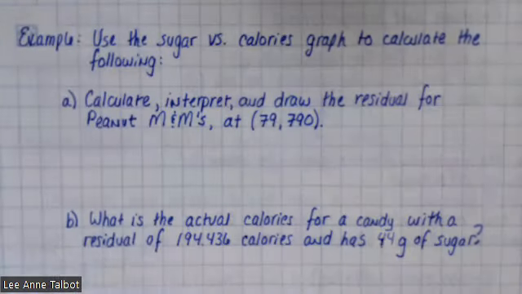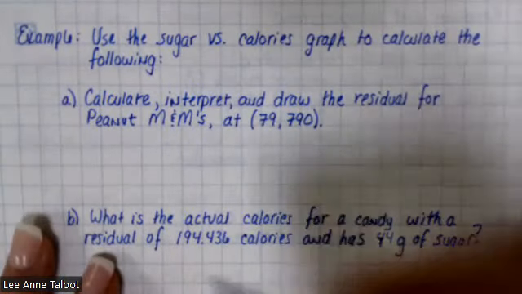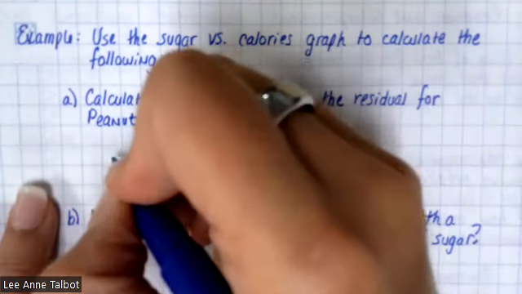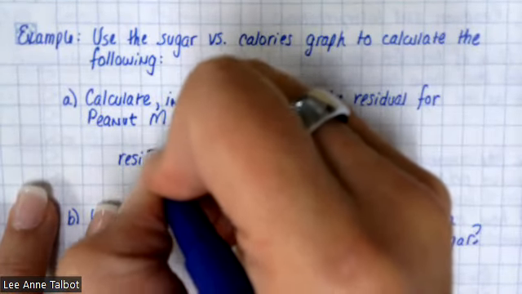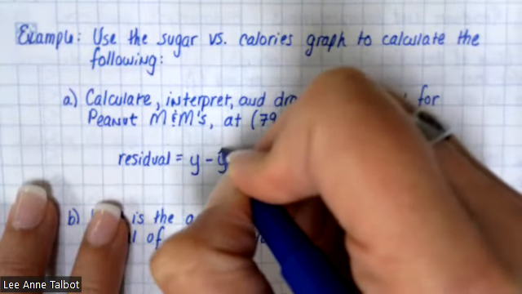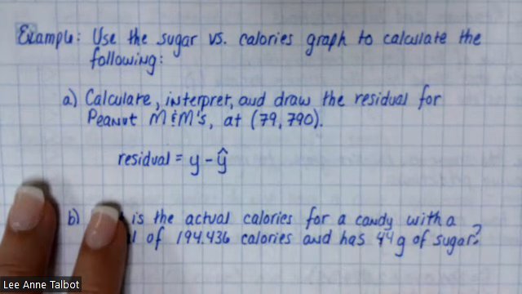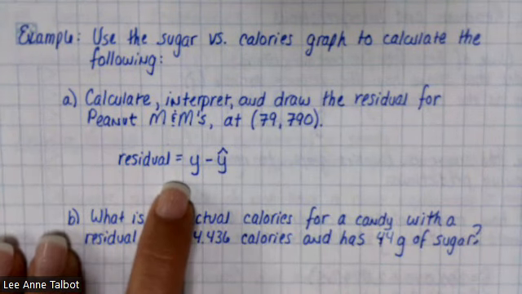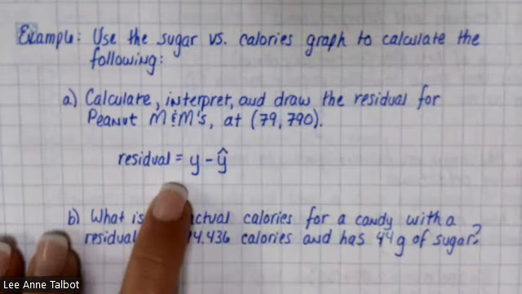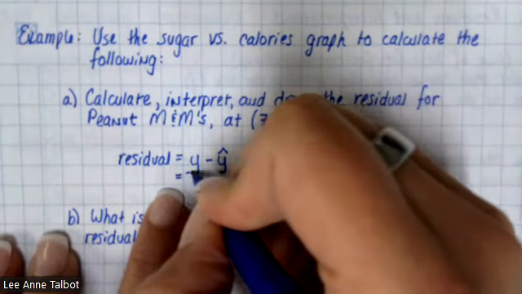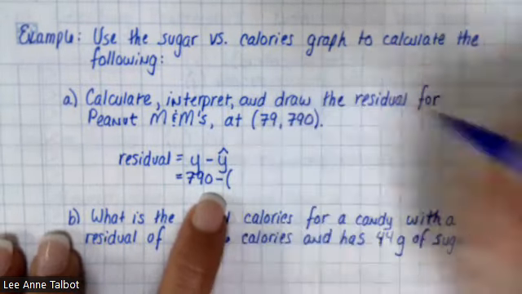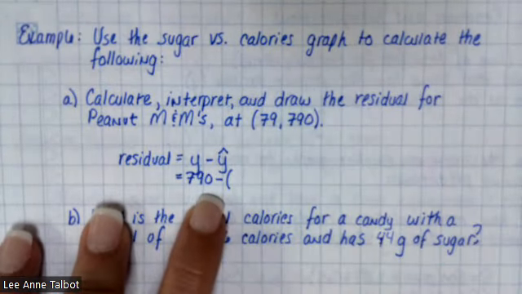Going back to my formula that I wrote down, residual equals y minus y hat. What was y at that coordinate? 790 minus, and then y hat is the equation.